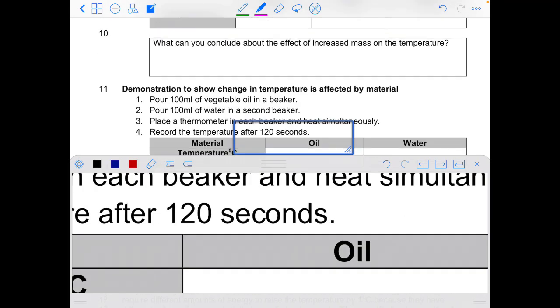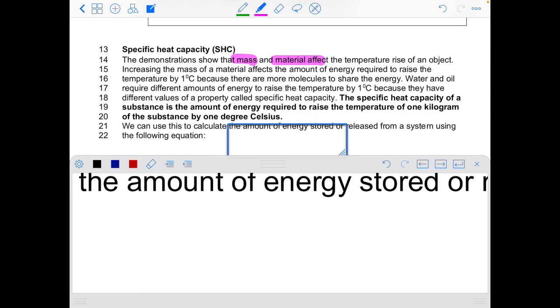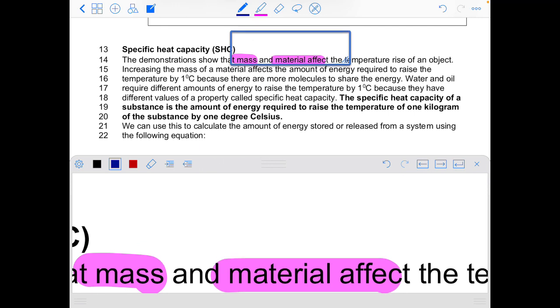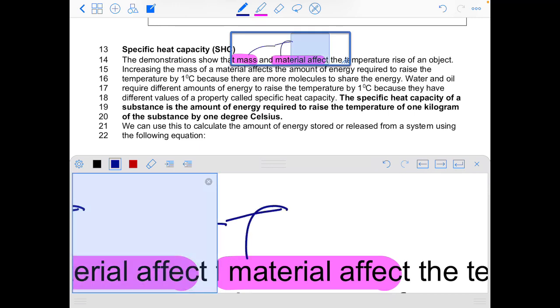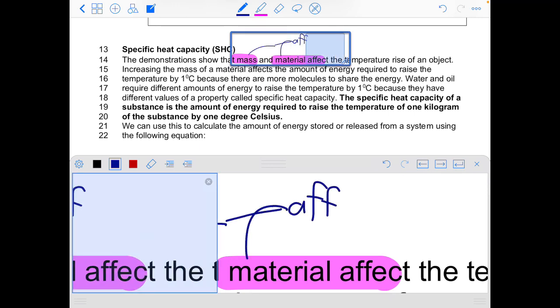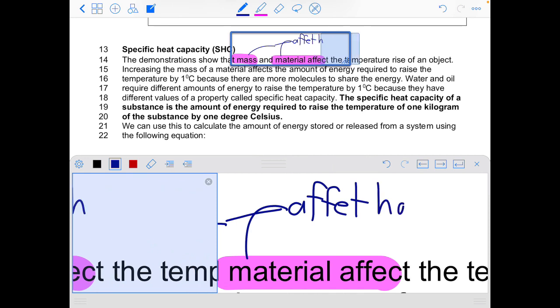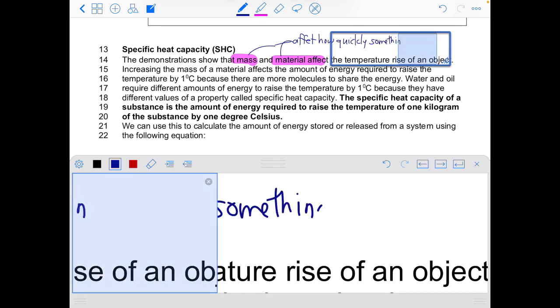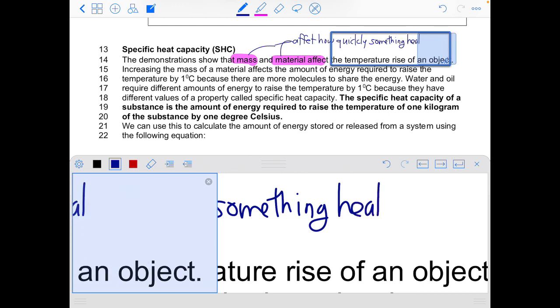So these two things, the mass and the material it's made from, will affect how quickly something heats up.